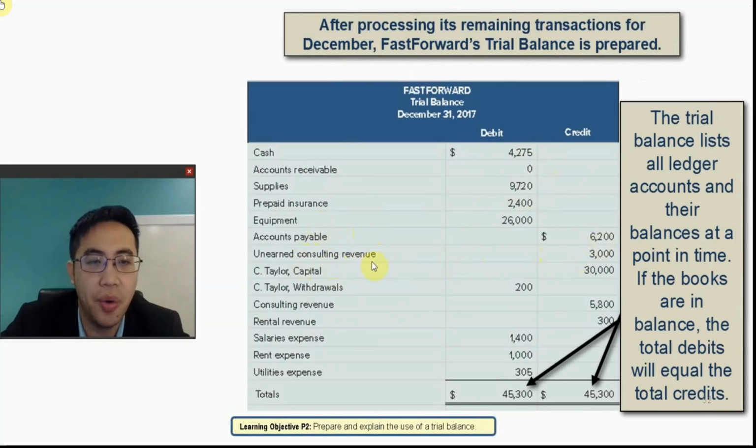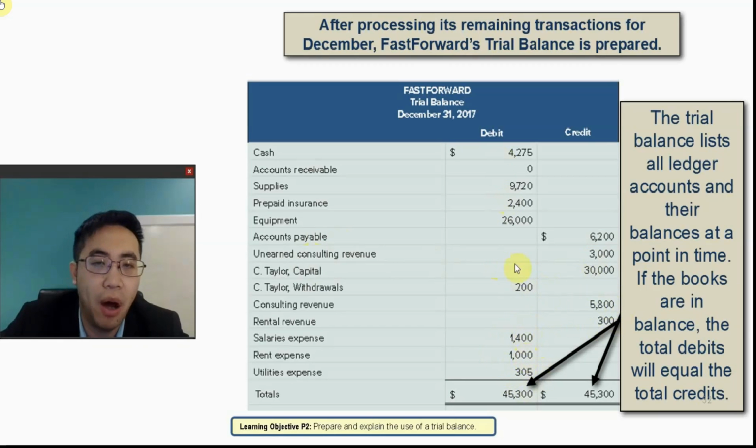Here we see unearned revenue, and owner's withdrawal and owner's capital belong to equity, and withdrawal is basically negative equity. We treat that like an expense. All the revenue here belongs to equity, those are credits, and all the expenses are part of equity as well, but they are treated as negative equity, so those are debits.